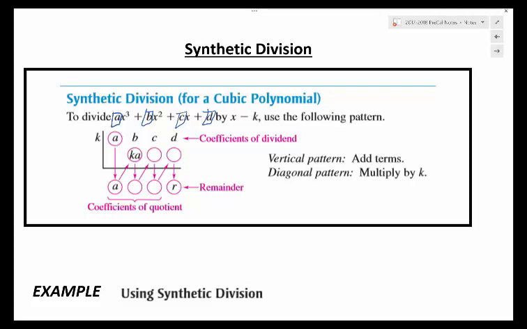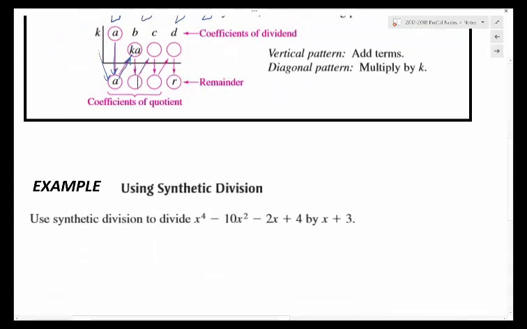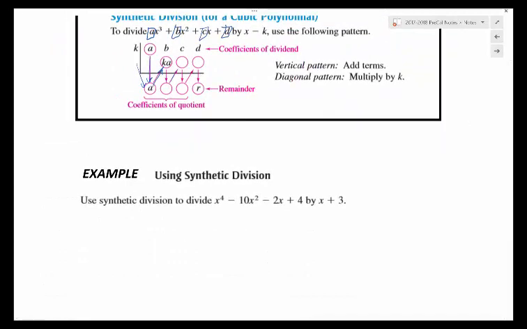We take that number and we create a synthetic division problem such that we bring down the first one, multiply here to get there, and then keep going. So for our vertical pattern, we add terms, and then for each one we multiply by k. Observe, and I will demonstrate here.